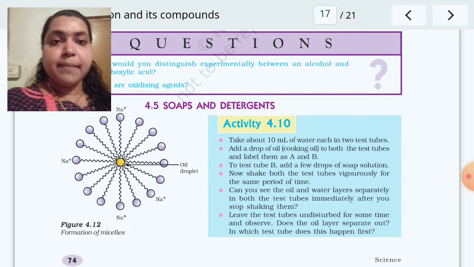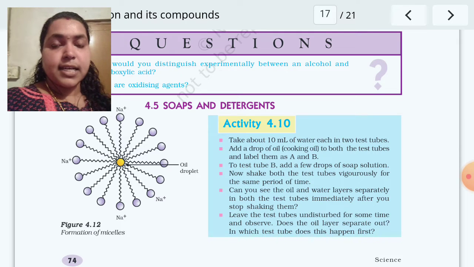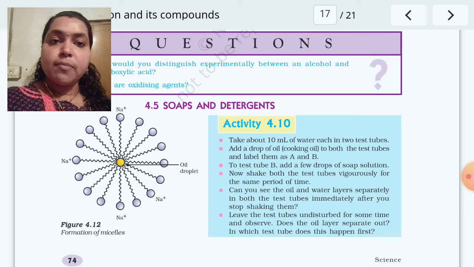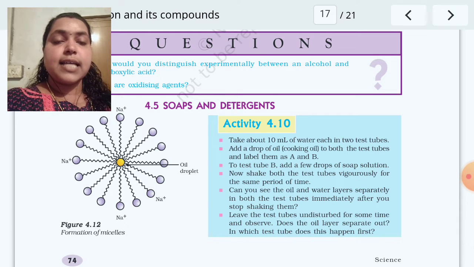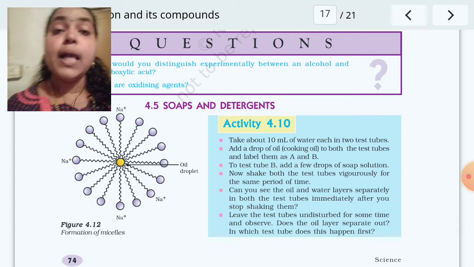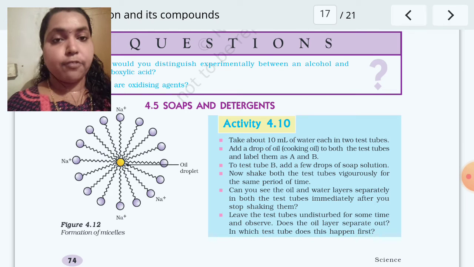The Na plus round part is the hydrophilic end and the chain part is the hydrophobic end, that is, a hydrophilic head and a hydrophobic tail. This is an example of micelle formation.